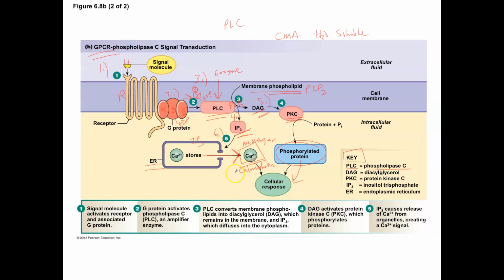Calcium interacts with calmodulin, and that calcium-calmodulin is able to turn on protein kinase as well. This diagram doesn't show that, but we're going to add it in here. Calcium interacts with calmodulin, it interacts with protein kinases, and we know protein kinases are phosphorylators.